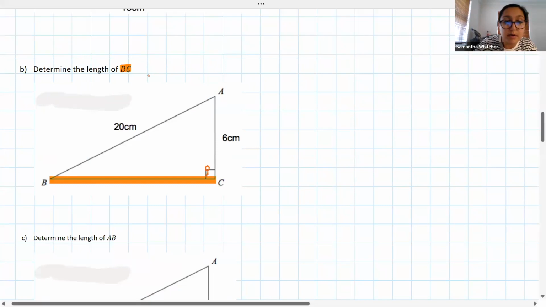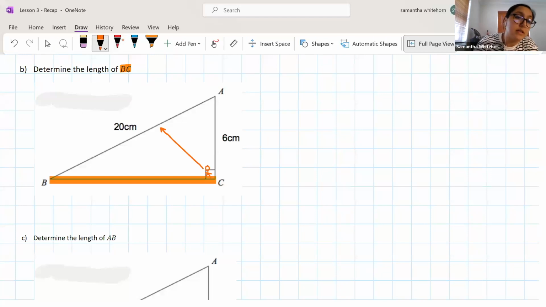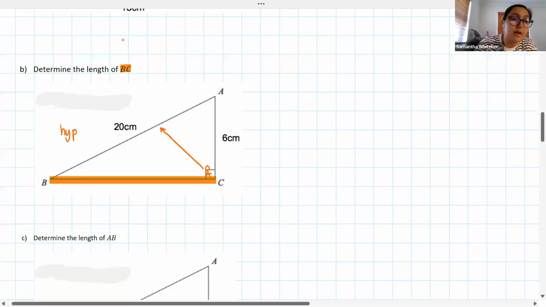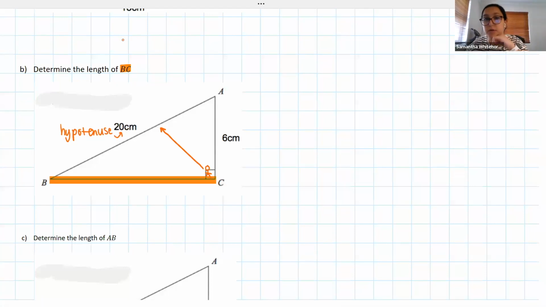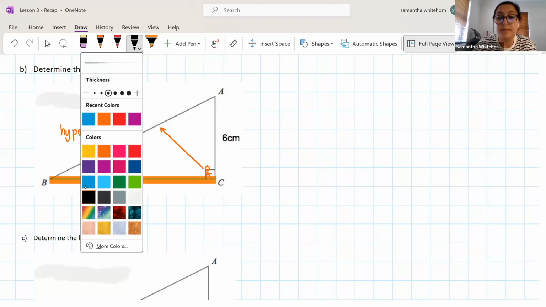So here I am at my right angle. I look directly across. What that means is that my 20 centimeters is my hypotenuse. So when I get to substitute into my equation, that's obviously quite important for me.